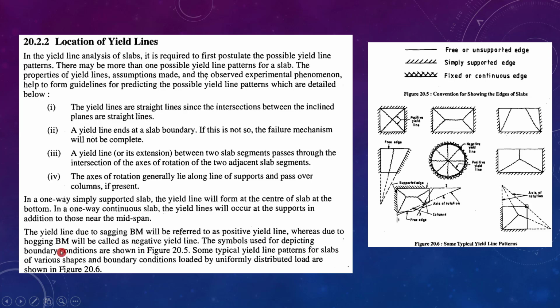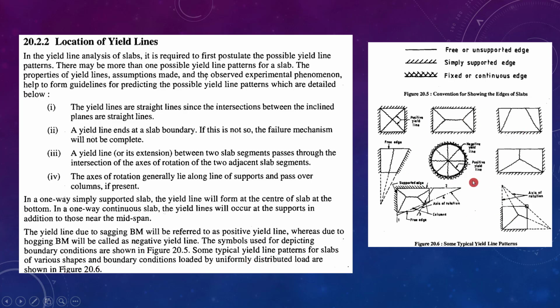The symbols for depicting the boundary conditions we just introduced are shown in figure 20.5, and figure 20.6 shows the various yield lines for different types of slabs. Some typical yield line patterns of slabs of various shapes and boundary conditions loaded by UDL are shown in figure 20.6.